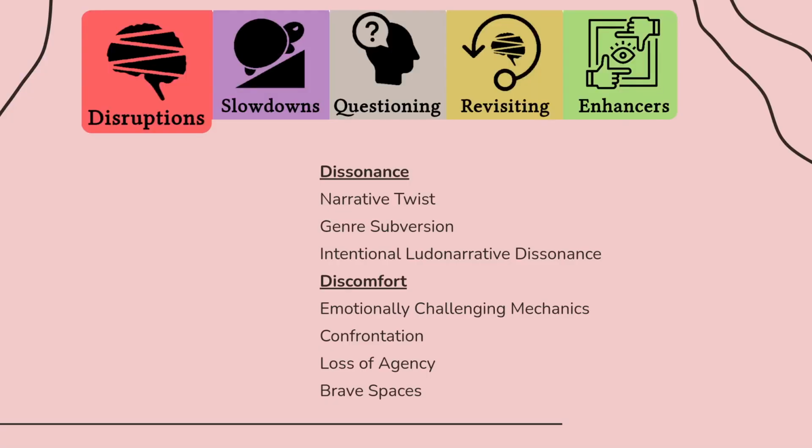So we don't have time to go through every single pattern, but we can go over them broadly. Within disruptions, there are dissonance patterns. Dissonance patterns are about creating a divide between what the player expects and what they believe, and what actually happens. So, for example, a narrative twist might involve a player expecting something to happen in the narrative and then, suddenly, something else is happening.